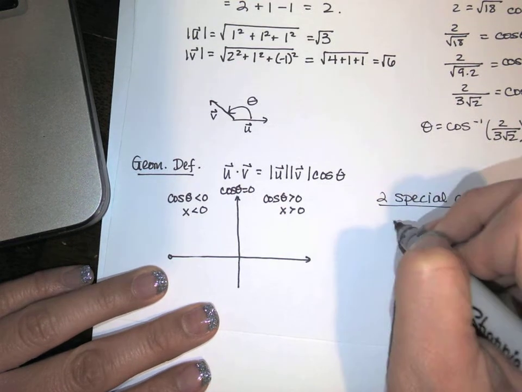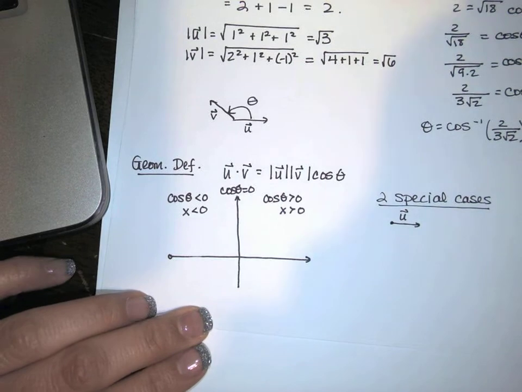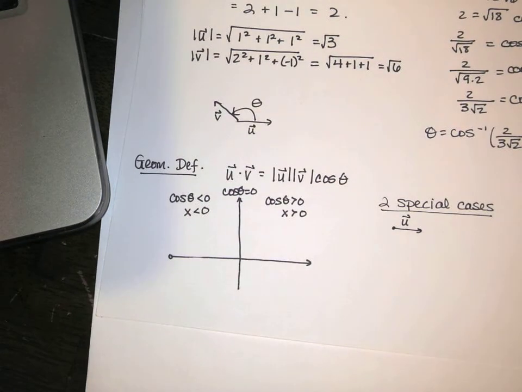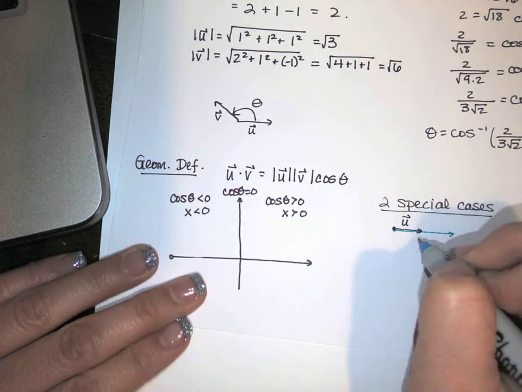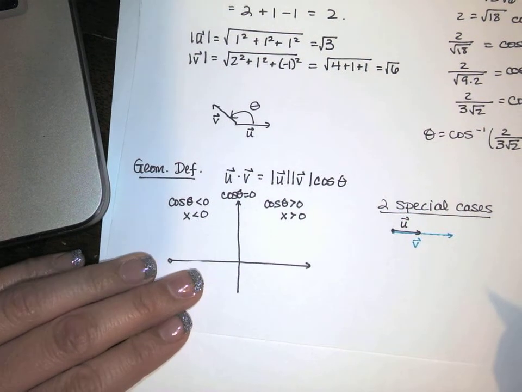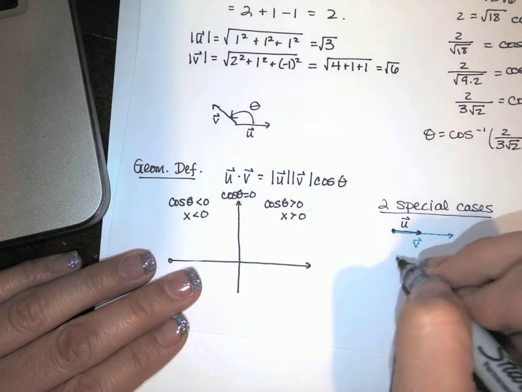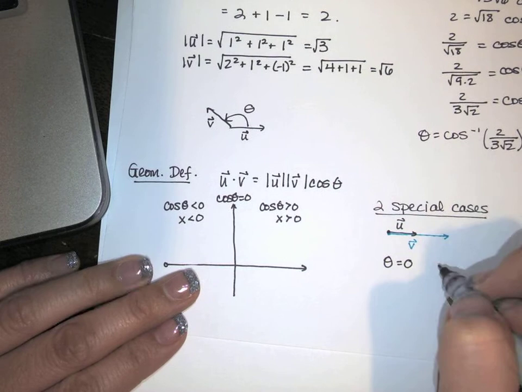Okay, so let's say u points this way, and v also points that way. Well, then the angle between the two vectors is 0. 0 radians, 0 degrees, it doesn't matter.